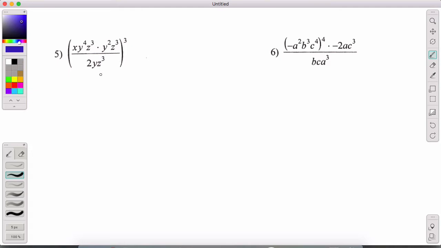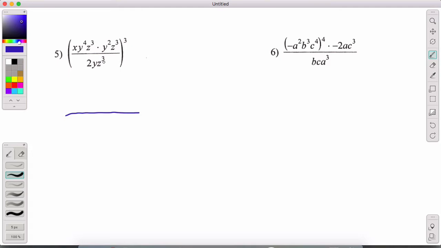We have some division. My first step on this problem is I'm going to simplify anything that I can first in the numerator and denominator. And if I see any easy canceling I can do, I'll take that chance when I can. And then finally, the third power that everything gets raised to.